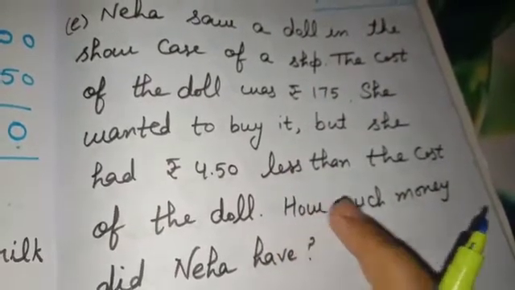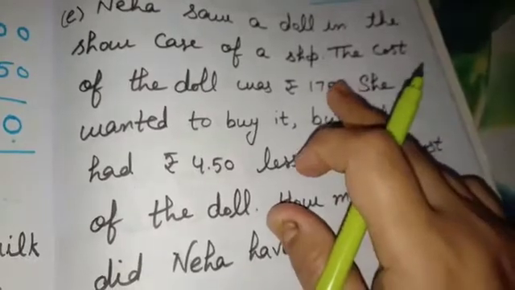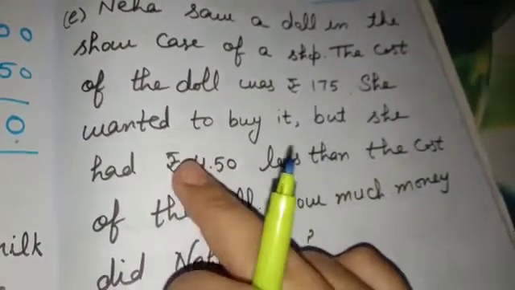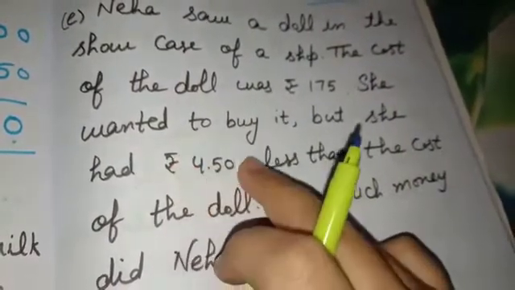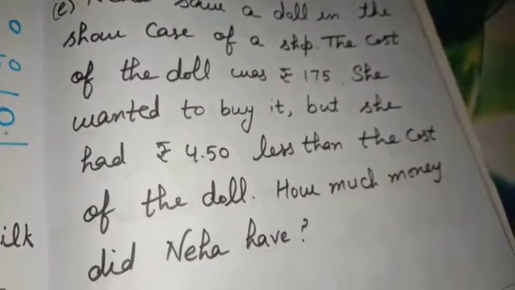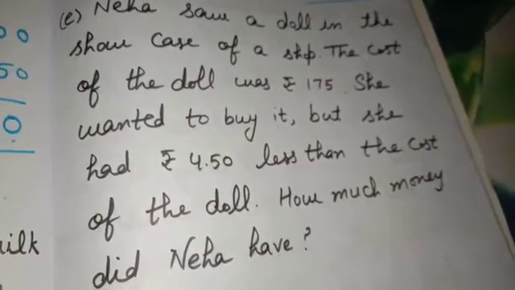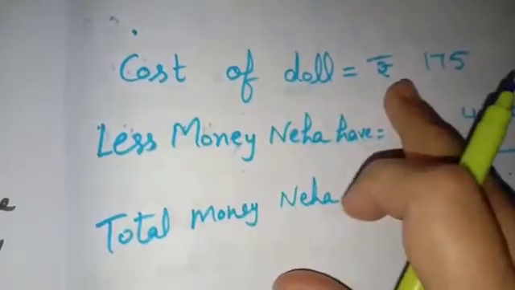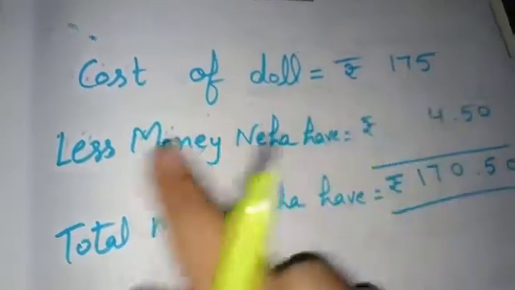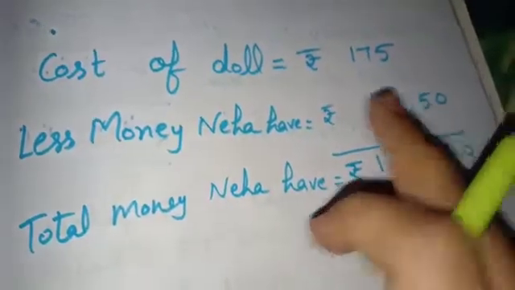So we need to find how much money Neha had, meaning the total cost minus the money which was less with Neha. So how will we do this question? Simply write cost of doll is rupees 175. Less money Neha has is rupees 4.50.